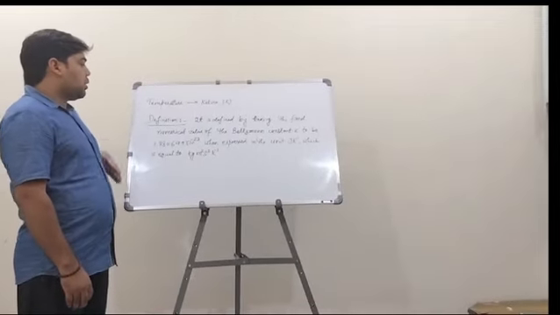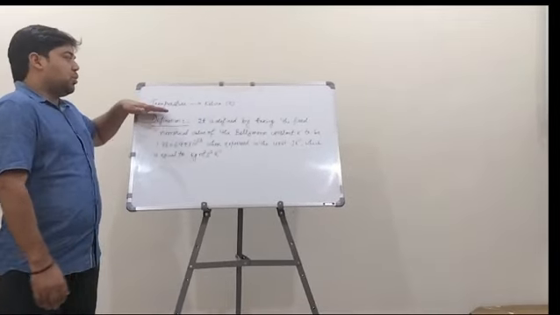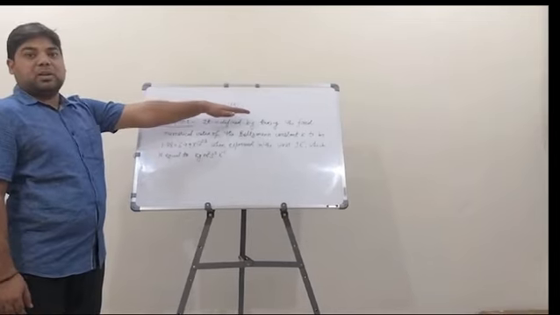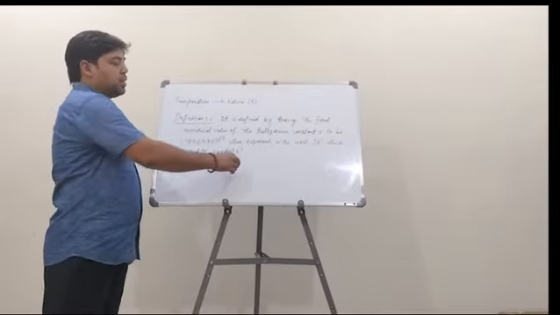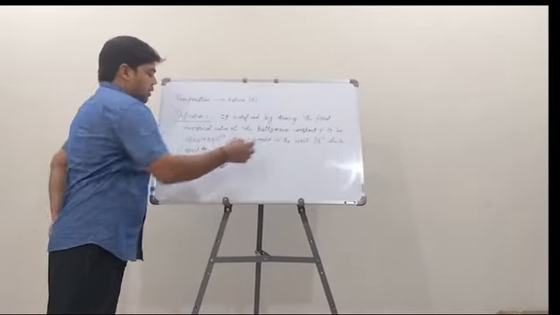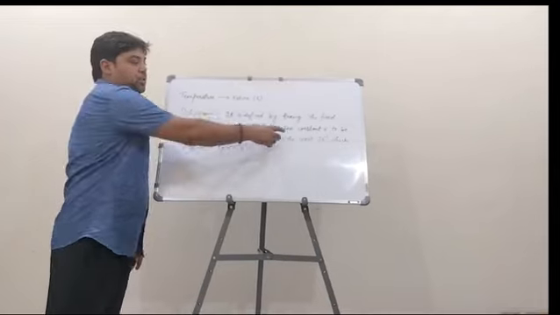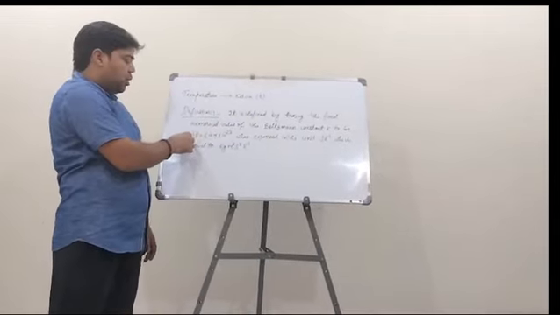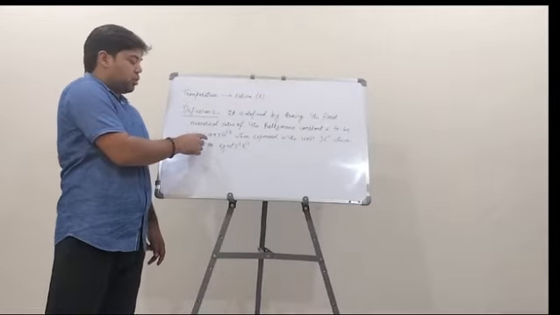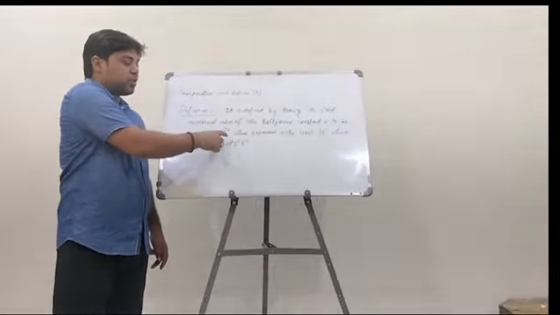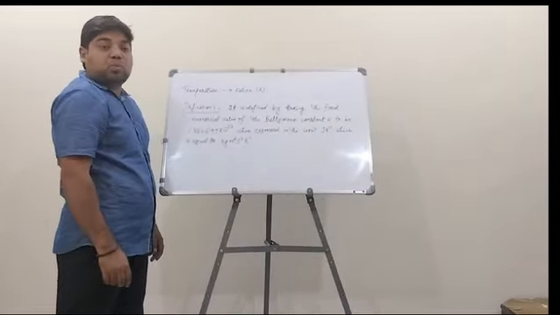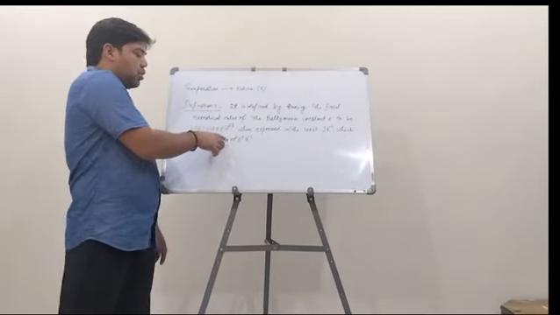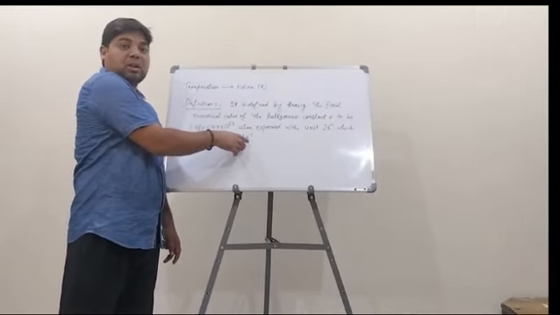So let us define the SI unit of temperature, which is Kelvin, represented by capital K. It is defined by taking the fixed numerical value of the Boltzmann constant k to be 1.380649 times 10 to the power minus 23 when expressed in the unit joule per Kelvin, which is equal to kilogram meter square per second square Kelvin inverse.